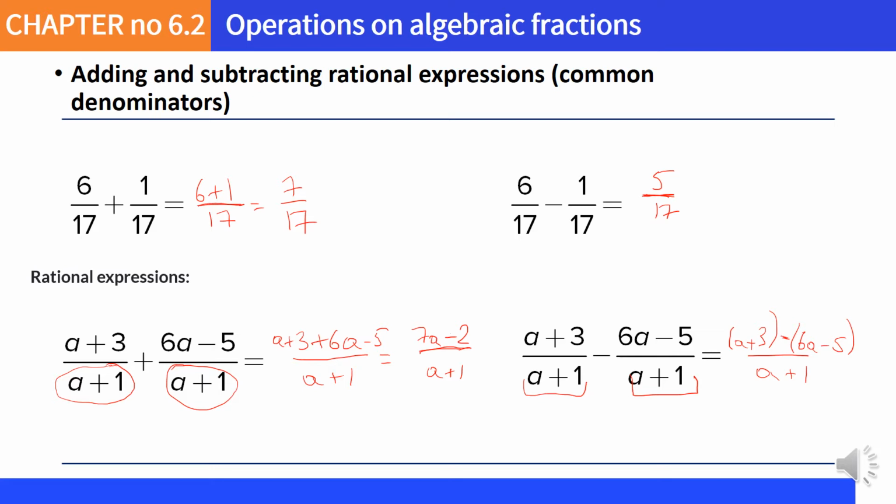When you open the brackets, you will get a plus 3 minus 6a plus 5 over a plus 1, and we will get minus 5a plus 8 over a plus 1.